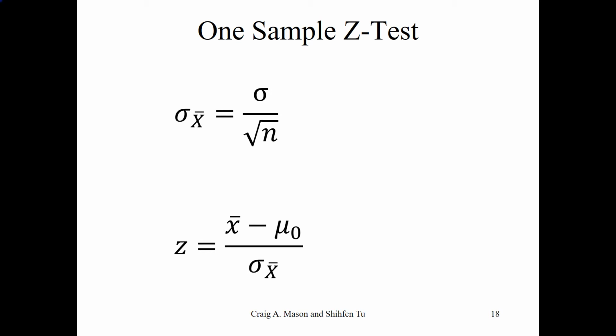So let's calculate our z-score and p-value and see what happens when we switch from a one-tailed to a two-tailed hypothesis. Our formula for the z-score is still z equals x bar minus mu naught divided by the standard error of the mean. It hasn't changed.